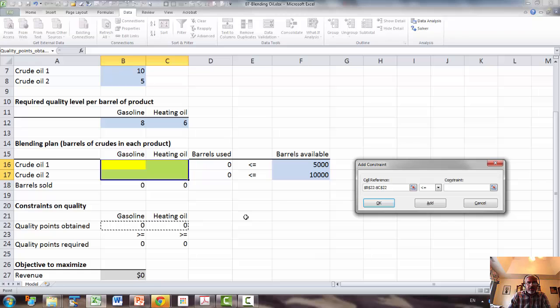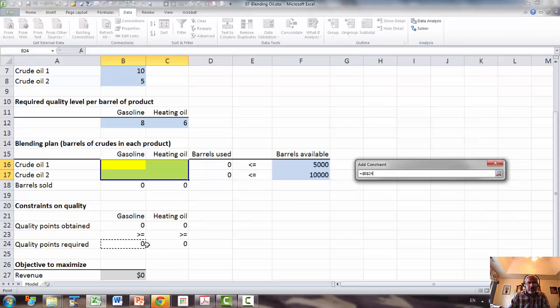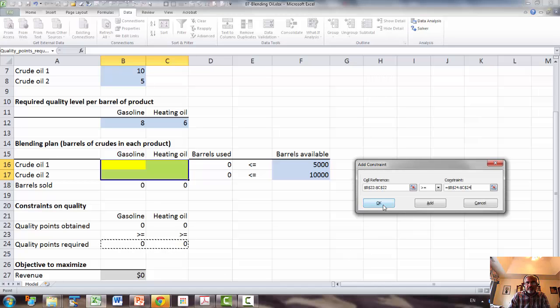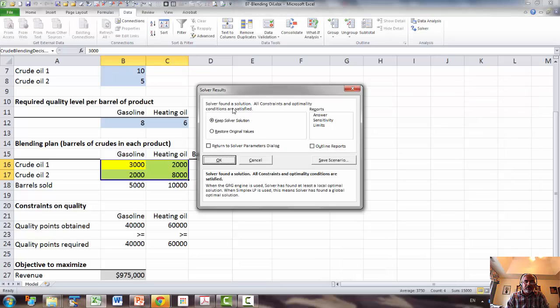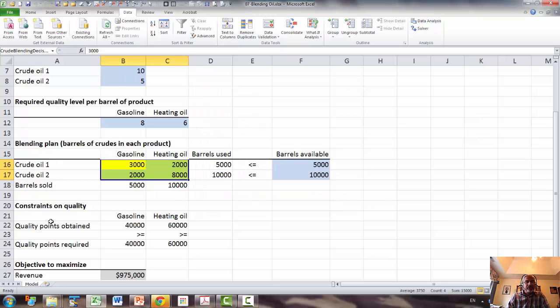And then quality points obtained must be greater than or equal to quality points required. So those are the two constraints. Maximize revenue, crude blending decision is the changing cells, and these are the two constraints. Non-negative, and then simplex LP, and we solve. Make sure that the solver has found a solution, and here is the solution.